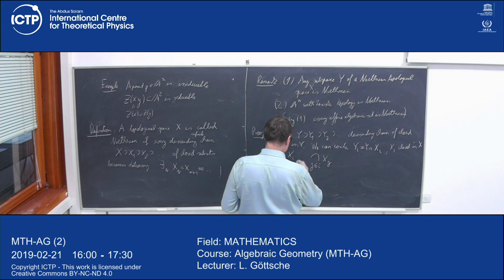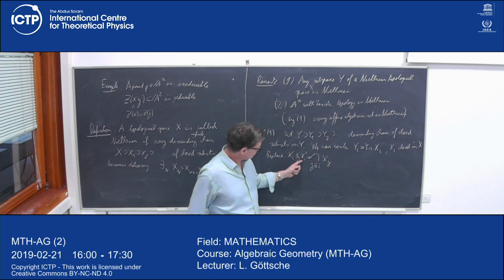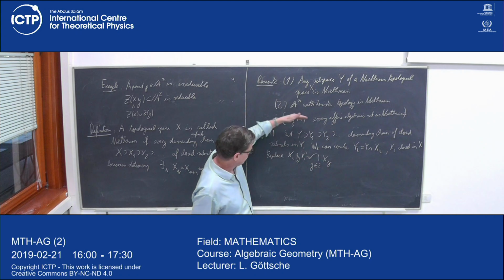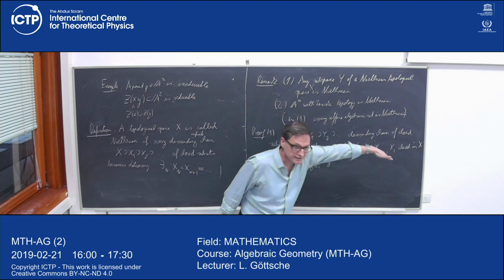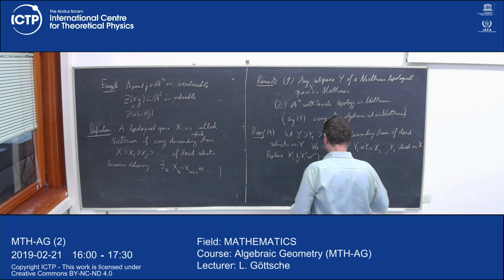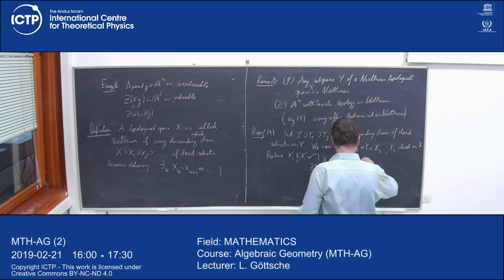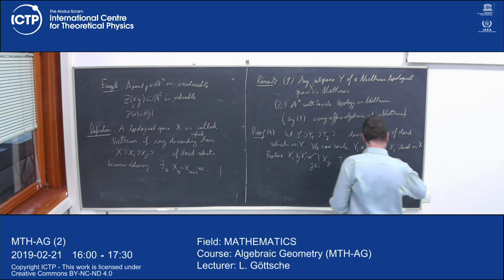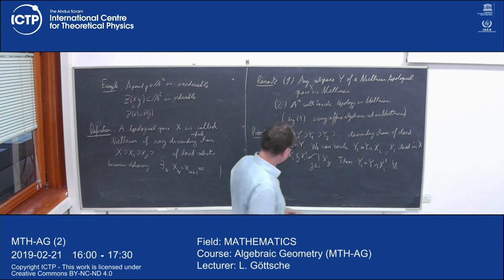Maybe I call this Xi prime. You can see this has the same intersection with Y as Xi, because the Yj's are contained in each other. So Yi is equal to Y intersected with Xi prime for all i, and these form a chain of closed subsets.